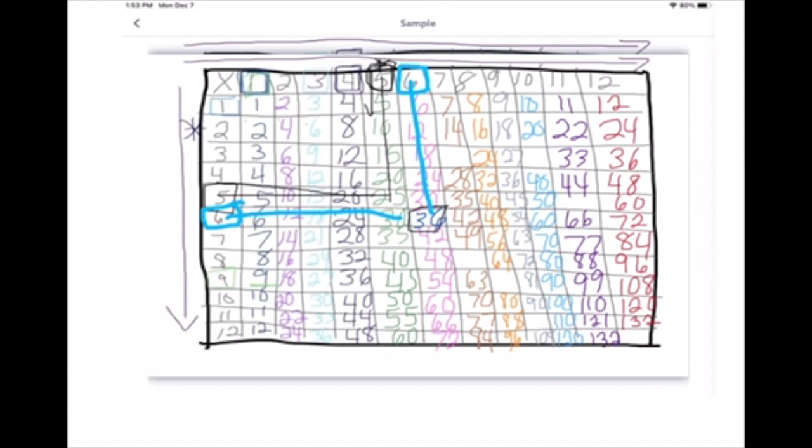Let's go over to the 7s now. I have 7, 14. What would come next if I'm counting by 7s? Another way to think about it is it's 7 times 3. What would be 7 times 3? 21.